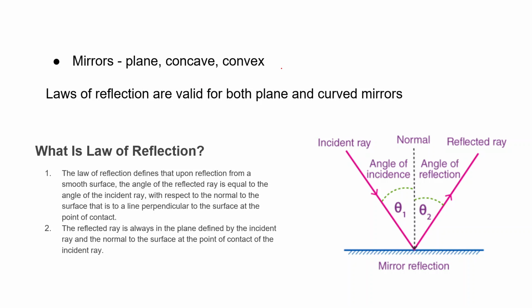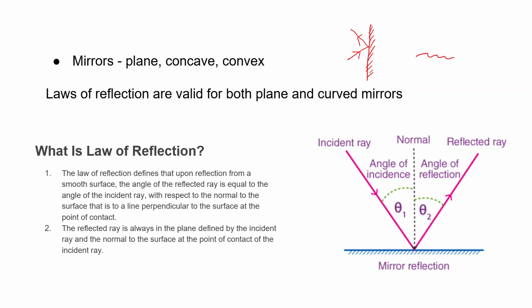Plane mirror, we all know, we mostly see around us at our homes as well. It's basically a flat surface which has been polished on one side by some silver based chemical, because of which the other side becomes highly reflective. I mean, all the material actually reflects light, but it depends on the surface.